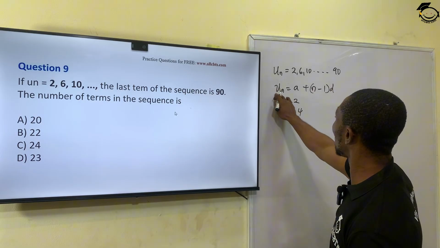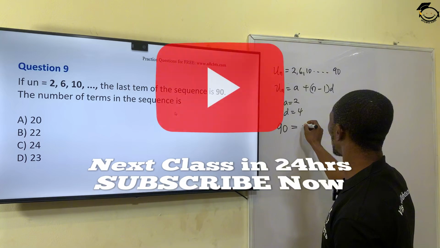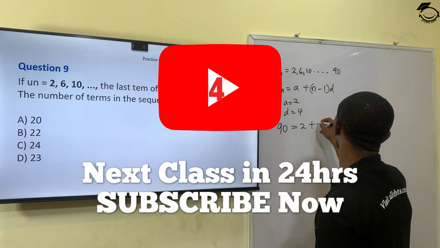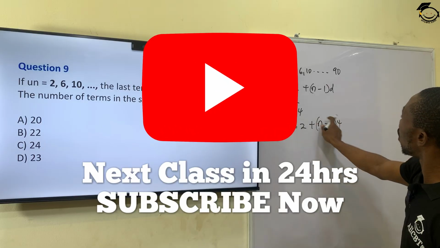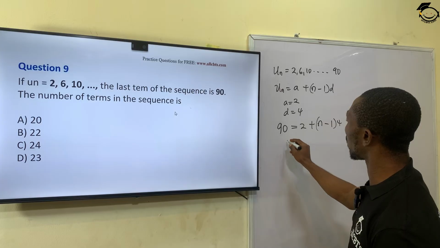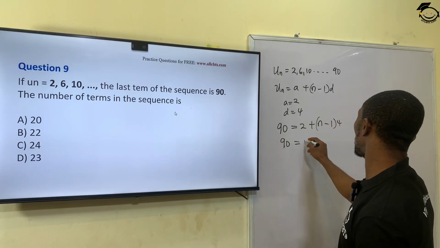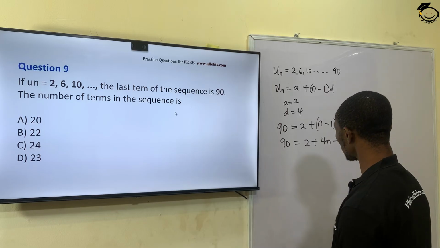So, substituting 90 for this, it becomes 90 equals 2 plus n minus 1 times 4, where d is our common difference. So, opening up this bracket, we have 90 equals 2 plus 4n minus 4.